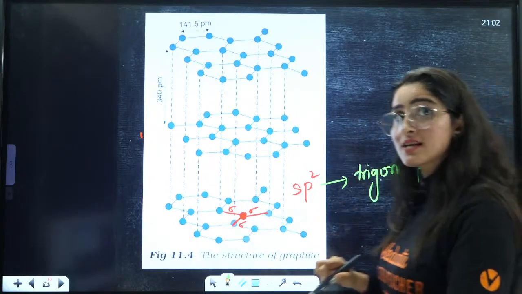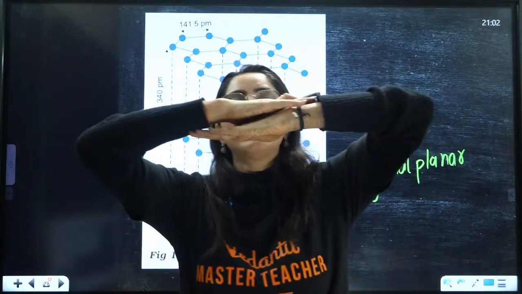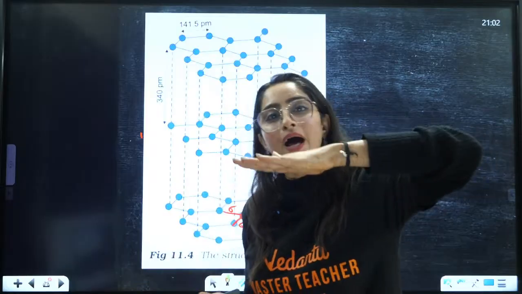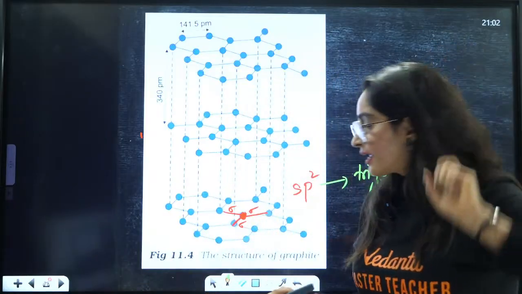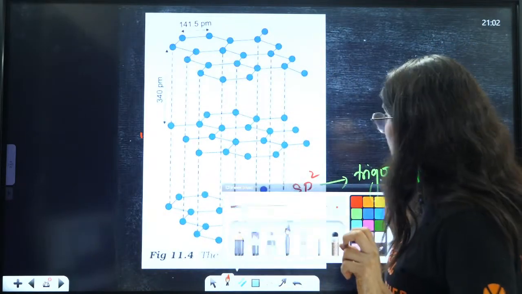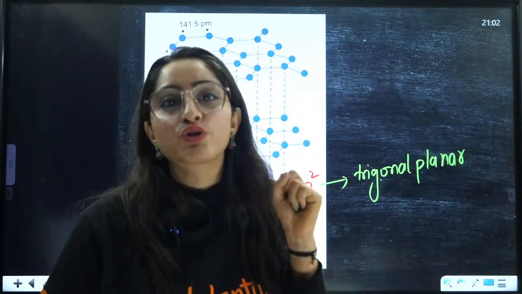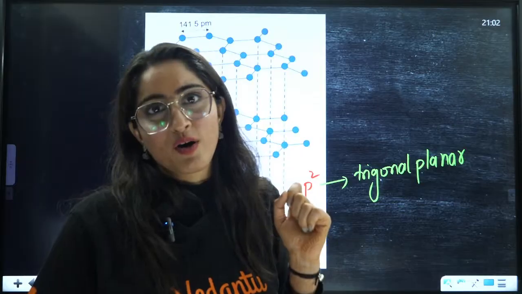That is the reason graphite is in one plane, because the hexagons are in one plane, right? Second thing is, in electrochemistry, we use graphite electrodes. We don't use diamond electrodes, right?